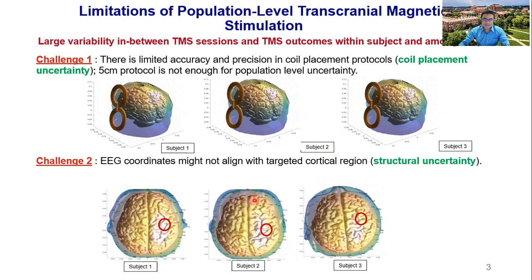Also, there can be operator error, which causes variation of the TMS-induced electric fields. So therefore, you are not stimulating the same cortical region across the subjects, and we need to find a single EEG position that is able to induce a high enough electric field on the targeted functional brain across the subjects.